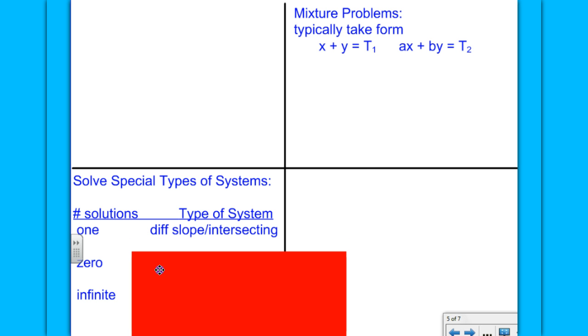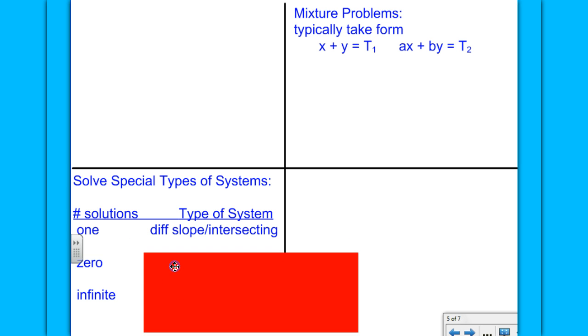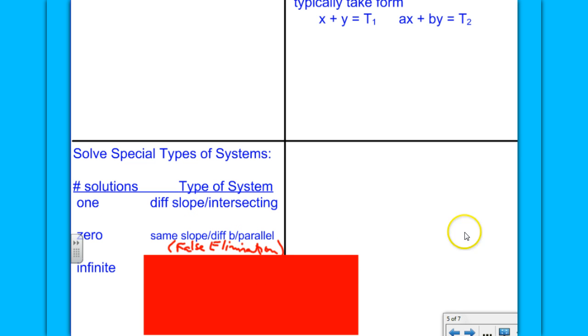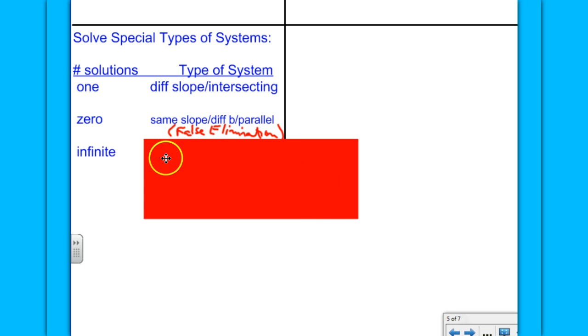If we have 0 solutions, then what can you tell me about these two lines? They are parallel, so their slopes are the same and their y-intercepts are different. When we use elimination, we end up with a false statement, remember? Like 0 equals -2.